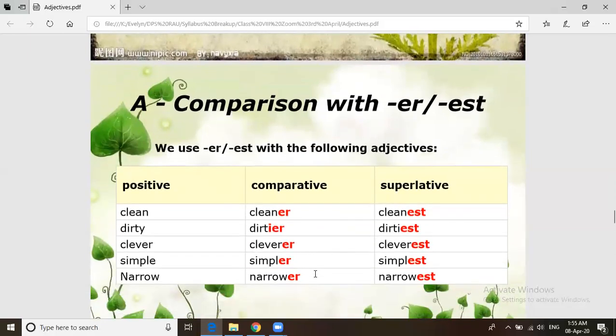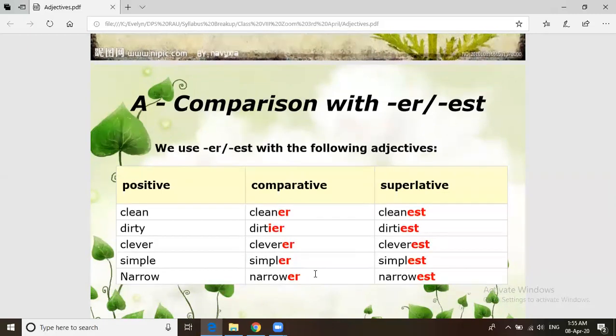Now, these are the ways in which we form the comparative and the superlative degrees of various adjectives. The first way is we use -er or -est to form the comparative as well as the superlative degree.